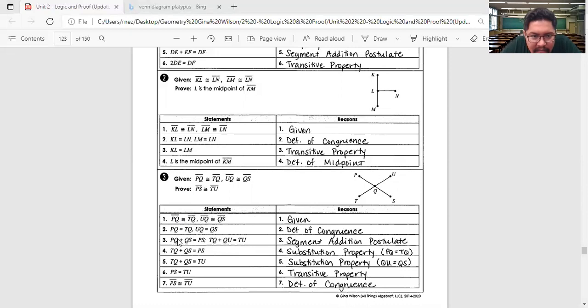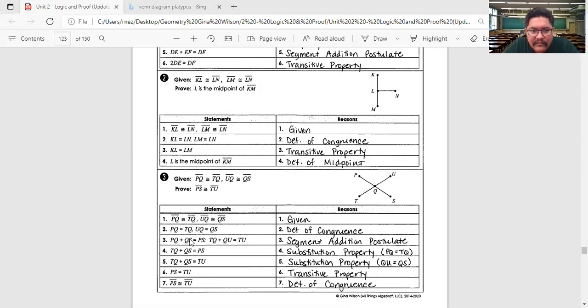So from PQ, it looks like we have two things going on here. If we have TQ, that would mean that we could also plug in QS and PS, so that whole segment.